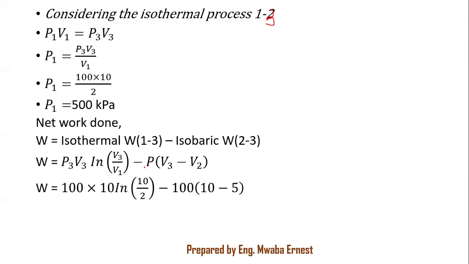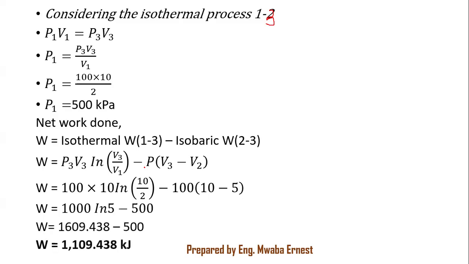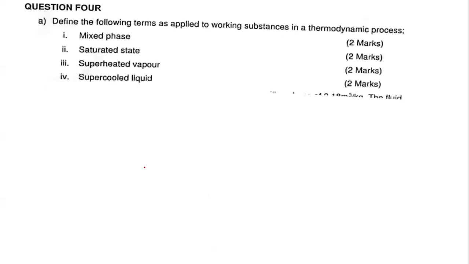Then we include the same pressure, which is pressure 3, the constant one. And we get 10 minus 10 is for V3 minus V2, which is 5. So we have 1005 minus the 500. And our work done comes out as 1,109.438 kilojoules.